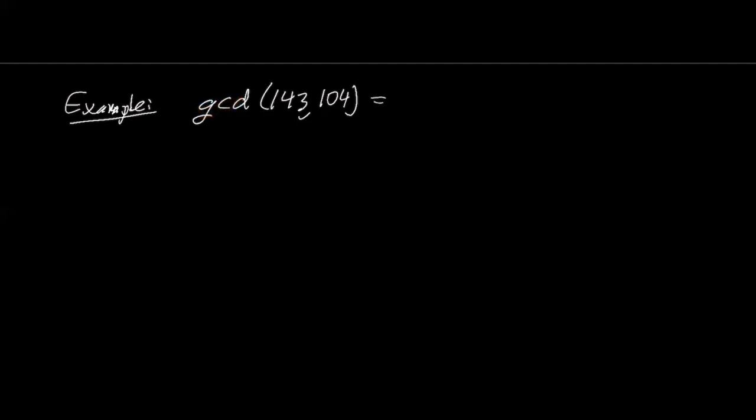But what does that equal? This is small enough that you can factor it. You could probably find the prime factors and find the GCD fairly quickly. But I just want to illustrate something. So what if we actually do division? So divide 143 by 104.